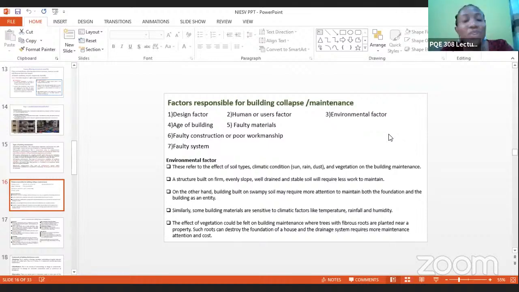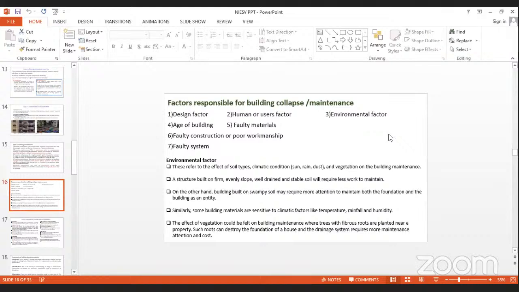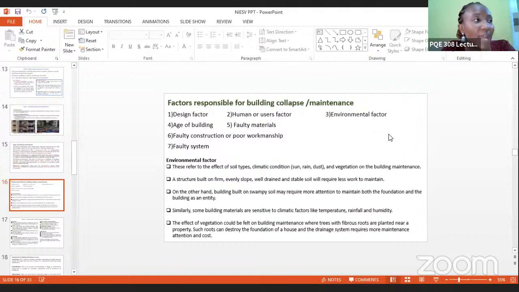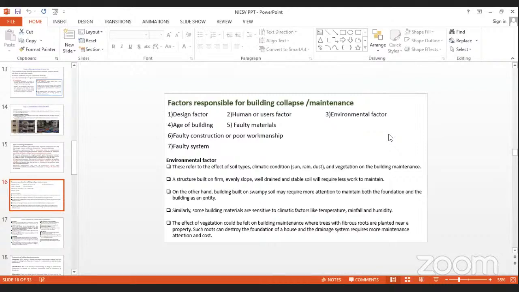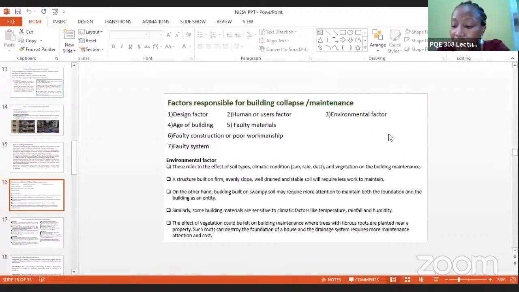We know we have types of foundation. We know we have two types of foundation. We know we have the shallow type. We know we have the deep foundation.